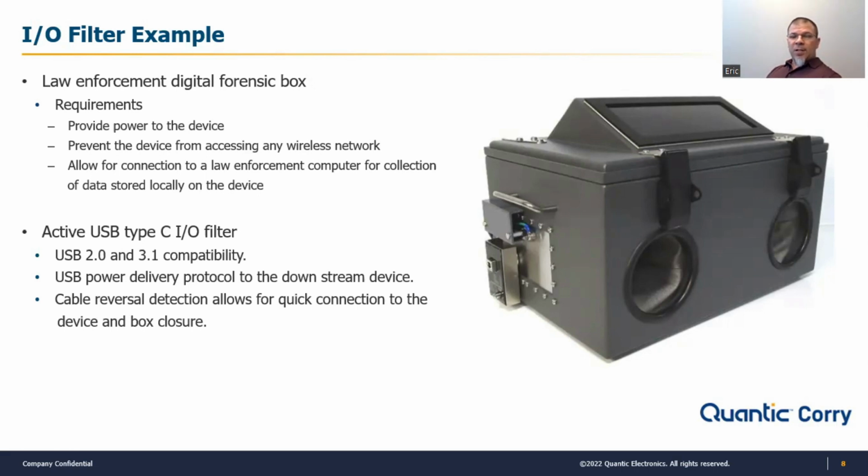USB-C just gives you the most flexibility, and also the quickest response time to getting it in the box, because you don't have to deal with that pesky USB-B cable trying to figure out which way to turn it over, right? Thank God for USB-C.